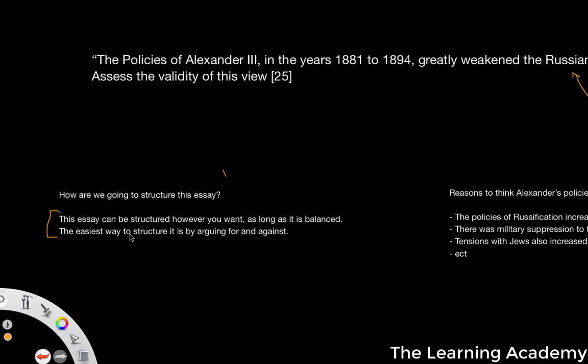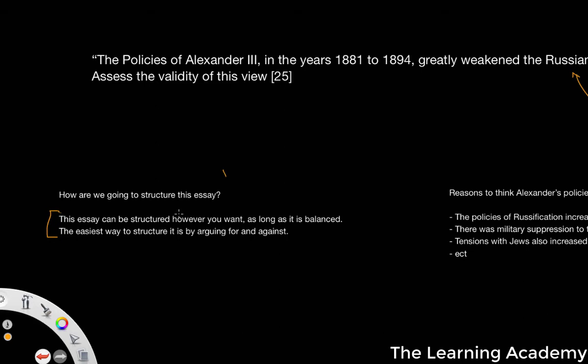But for now, we'll just talk about the sort of essay structure. It can be structured however you really want it to be structured, as long as it's a balanced essay and it looks neat and clean, it doesn't really matter. People tend to just go for the introduction, 3 paragraphs, conclusion. And that probably is the best way to do it. It's the easiest way to do it.